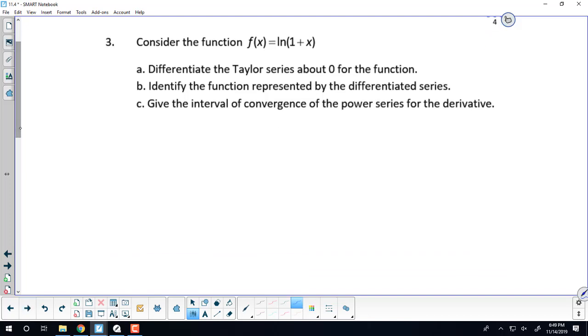Example 3 builds upon what we talked about in the last section. We can differentiate and integrate the Taylor series. So we want to differentiate the series about 0, identify the function represented by the differentiated series, and then give the interval of convergence for that differentiated power series.